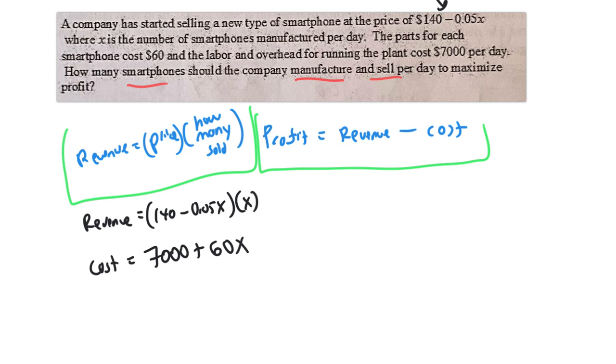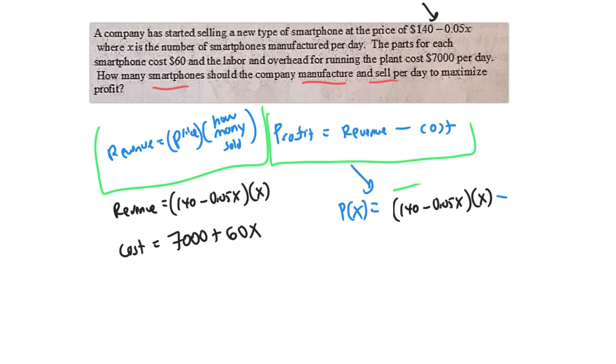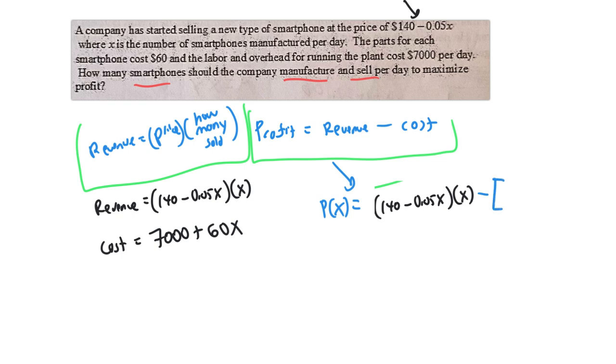So therefore, to update this equation, we could say profit, also known as P of x, is equal to this thing, revenue, minus the entire quantity of this.